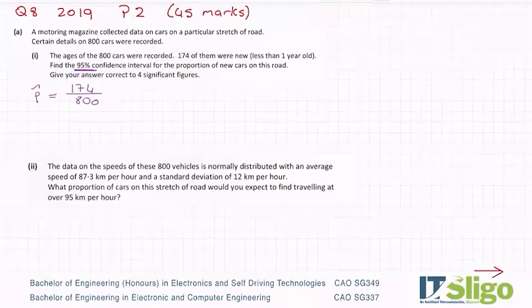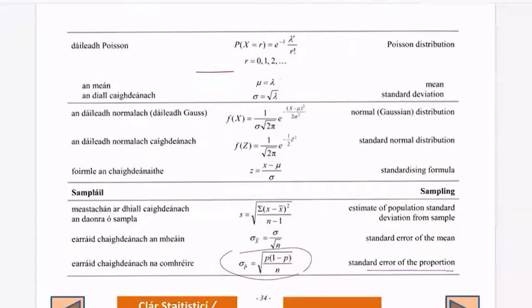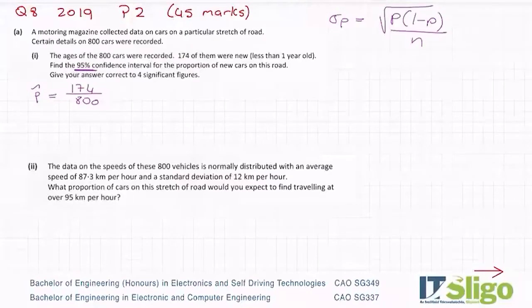Sigma p is equal to the square root of p times 1 minus p over n. Now we want to make it 95% confident.